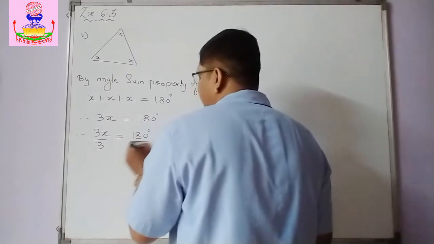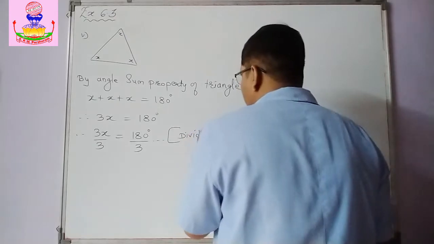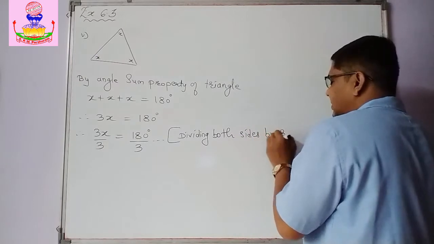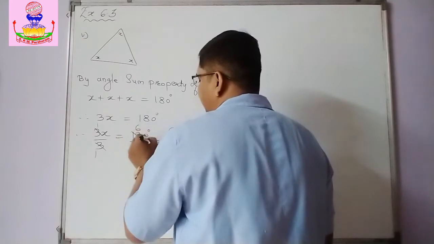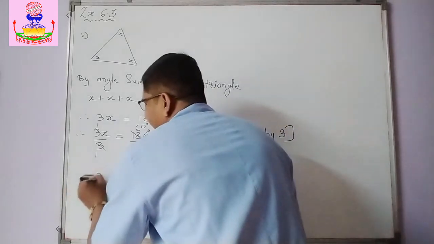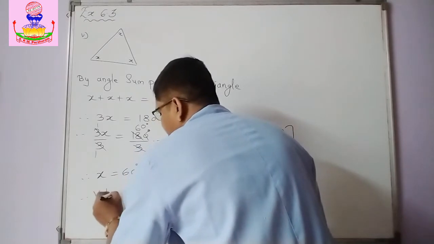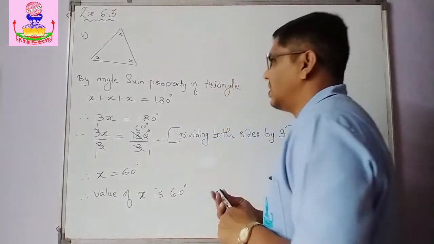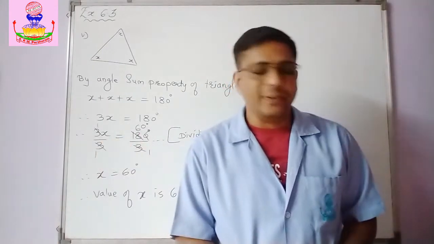So 180 degrees upon 3. What I did, dividing both sides by 3. So 3 ones are 3, 3 sixes are 18, 3 zeros are 0. So the value of x is exactly 60 degrees. So therefore the value of x is 60 degrees.